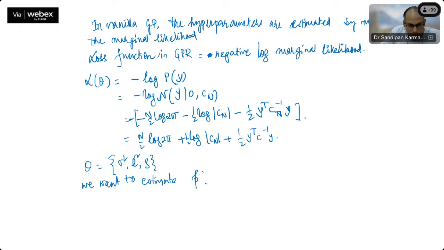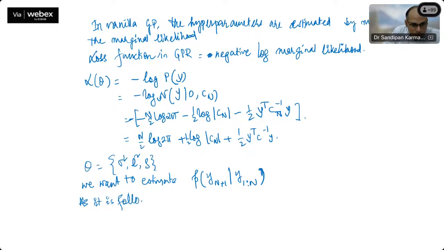This is nothing but p of y n plus 1th data based on y 1 to n. That means based on y1 to yn data, I want to predict the n plus 1th data.